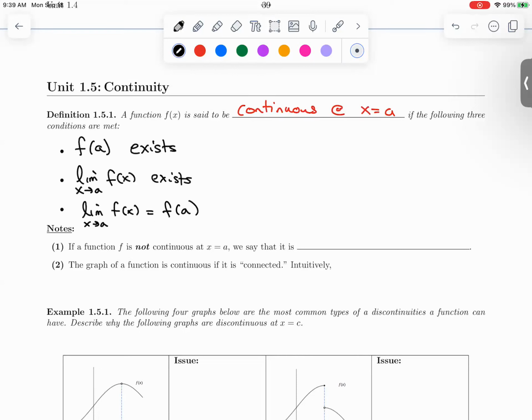But I still write it this way for you because it gives us a checklist to go by. I don't want you to get the idea that if they both don't exist, then it's continuous there. So they need to exist. And if any of these three conditions are violated, we say that it is discontinuous at x equals a.